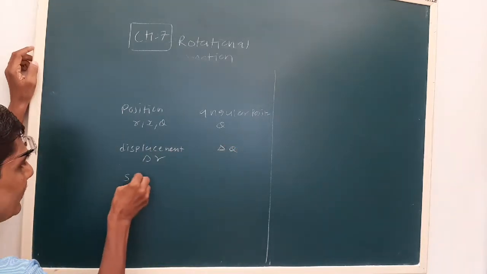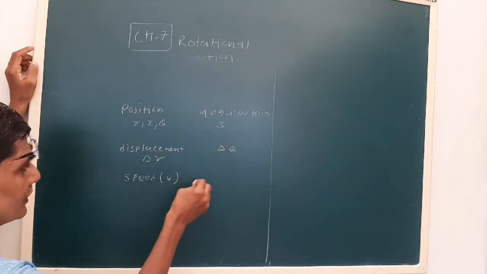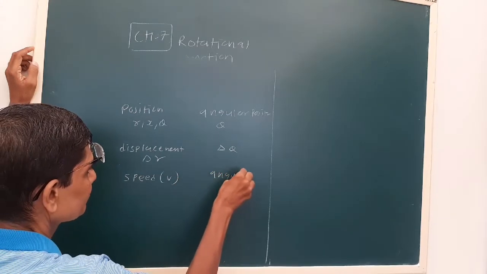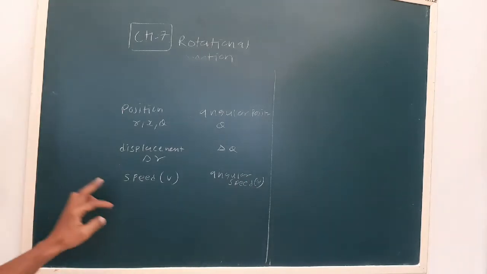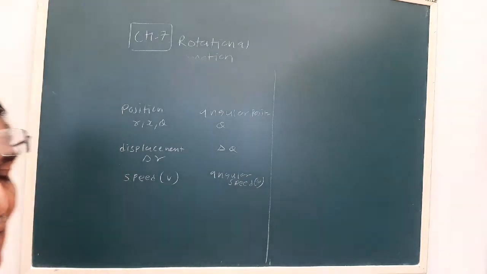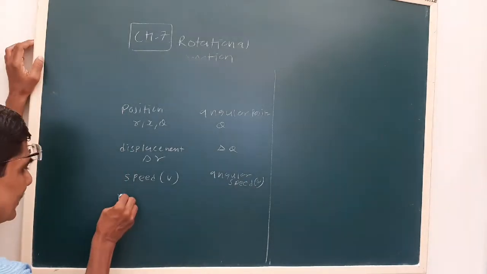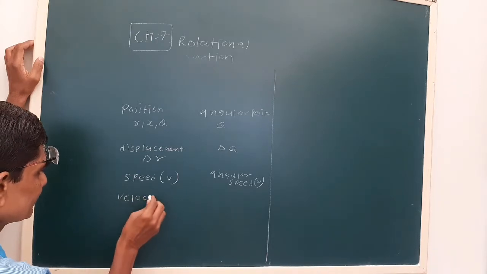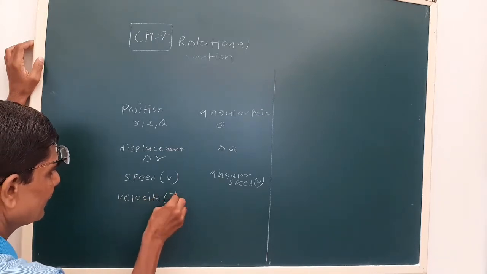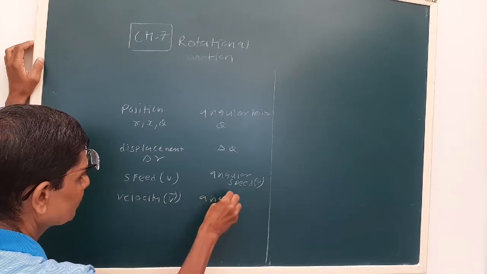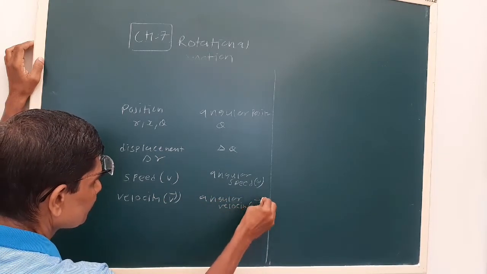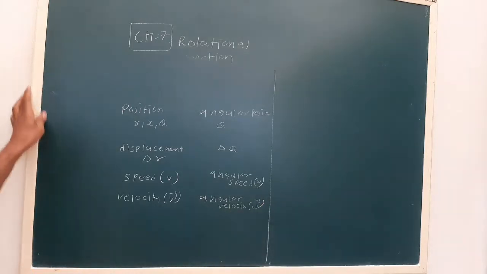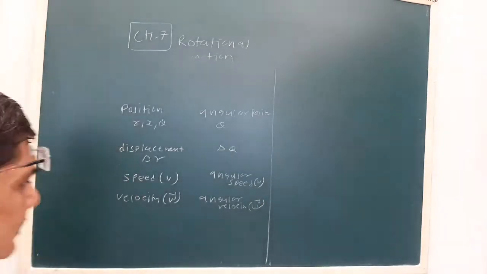Here we have speed, that is v, and here angular speed. We saw that when proper sign is assigned to speed, it becomes velocity, which is a vector quantity. Here also we have to study angular velocity. Angular speed is a scalar quantity, angular velocity is a vector quantity.